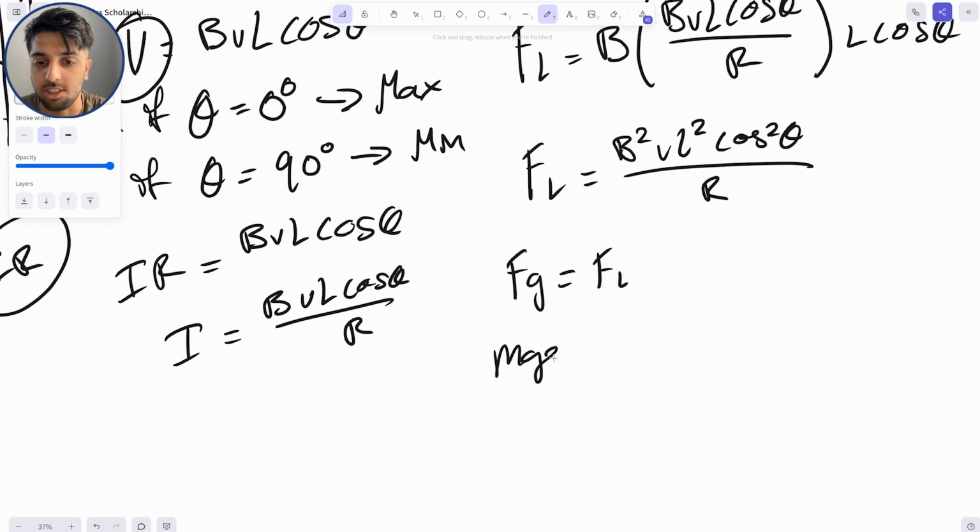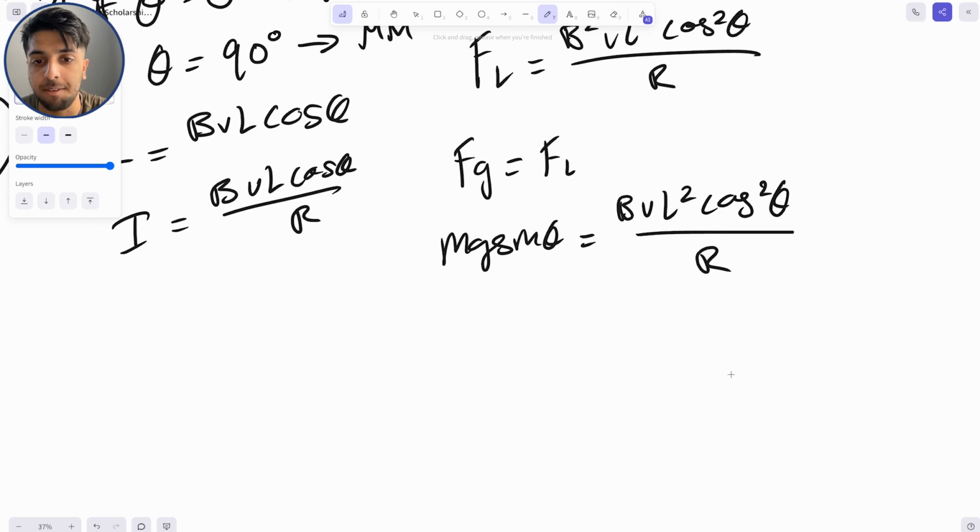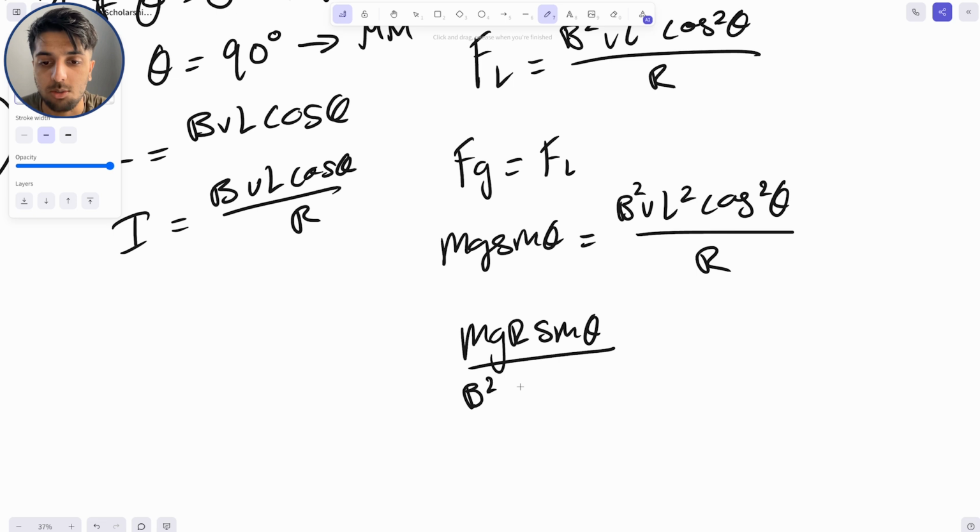So mg sine theta is equal to B squared V L squared cos squared theta over R. And so rearranging to get velocity, we get V equals mgR sine theta all over B squared L squared cos squared theta.